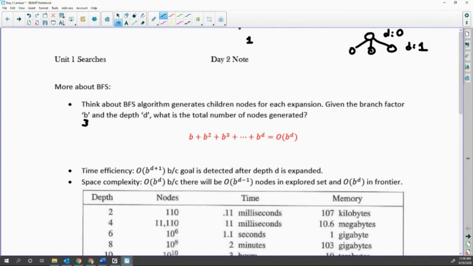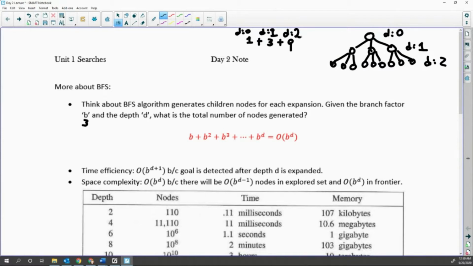If I have depth 1, I'm going to have now 1 plus 3, so 3 more. Now let's think about depth 2, where each one will have 3 children. So in depth 2, I'm going to add 9 more.